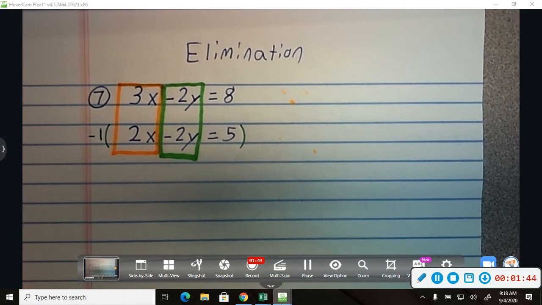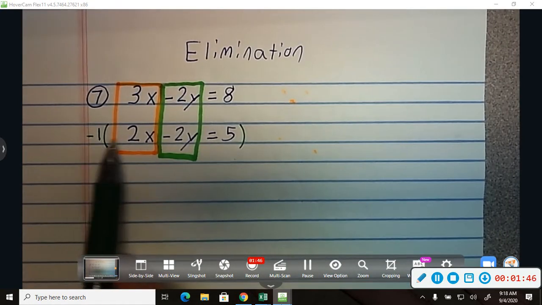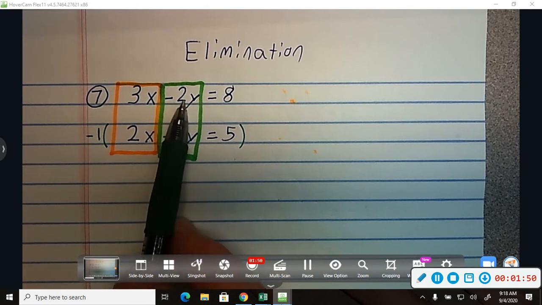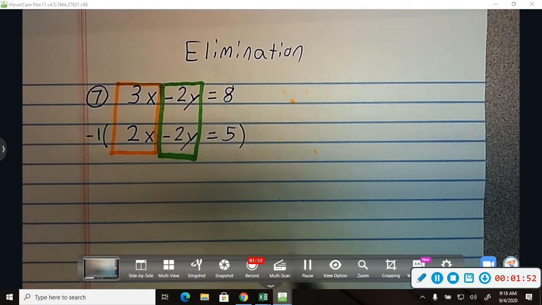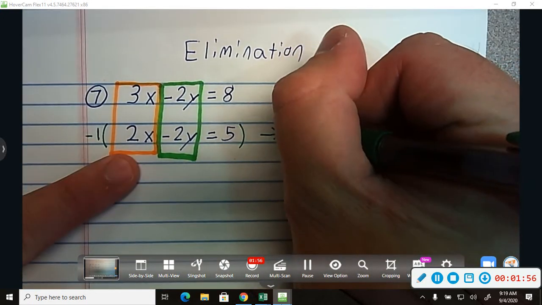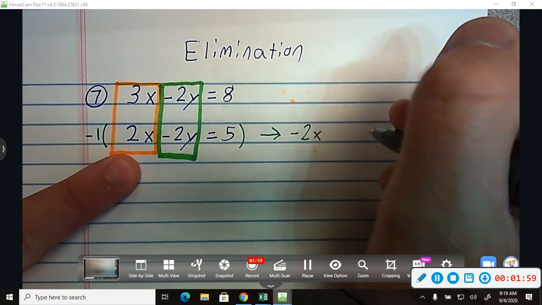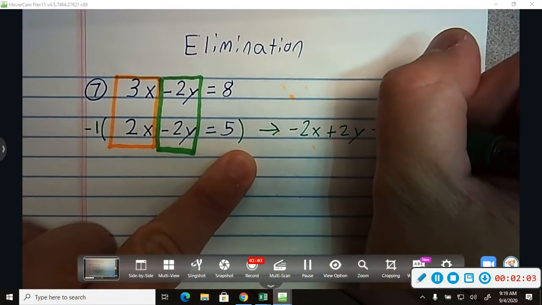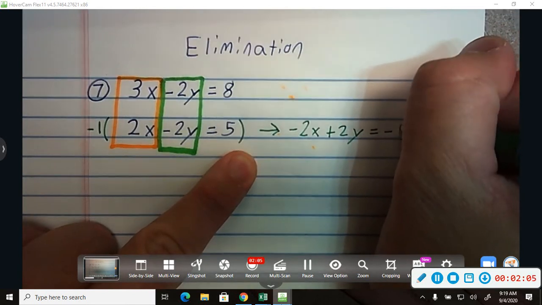Why -1? Because then -1 times -2 is +2, and +2 would be the opposite of -2. So if I multiply this by -1, I get -2x plus 2y equals -5.